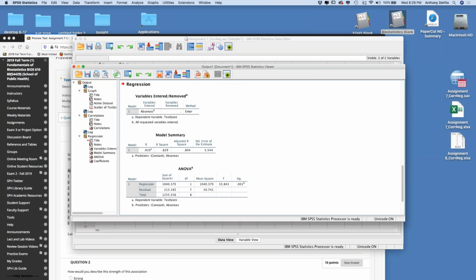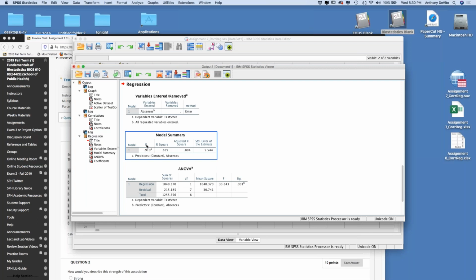Okay, so we have more information than we had before. In this case, we have a report on which variables we were working with, and we have a result of the correlation, a repeat of the information that we got from the correlation coefficient. We have our R value. Here they just call it R, but before it was the correlation coefficient, or Pearson's correlation coefficient.